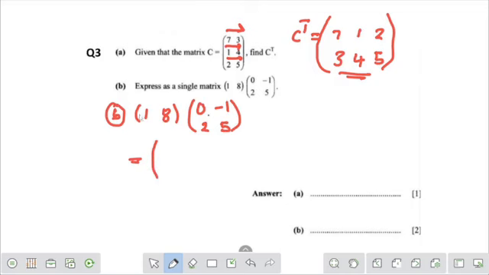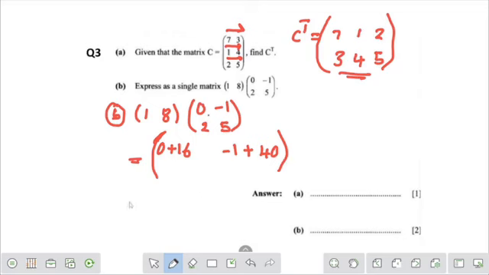So row by column, meaning that 1 times 0 it's 0, plus 8 times 2 it's a 16. Then row column, 1 times negative 1 it's a negative 1, plus row column, 8 times 5 it's a 40.